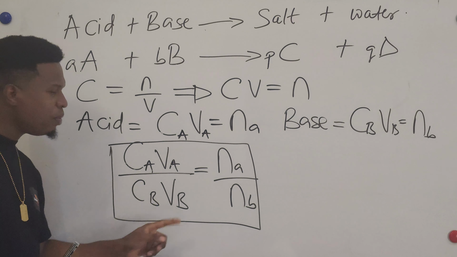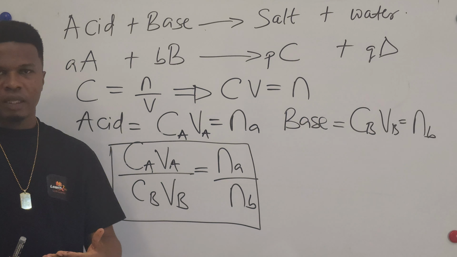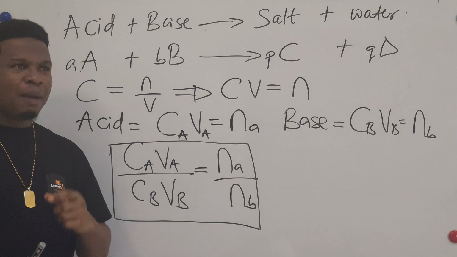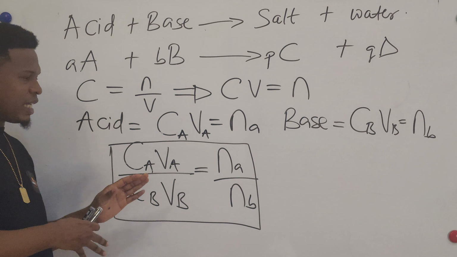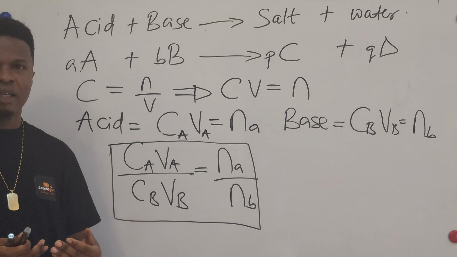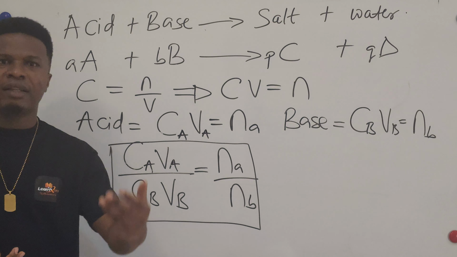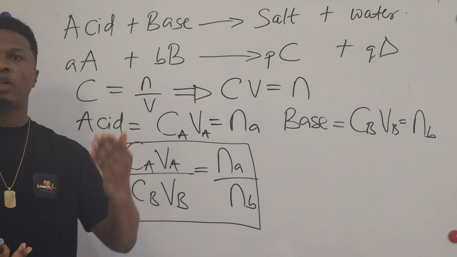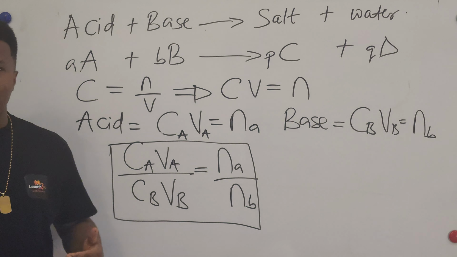Okay? The Vb is always the volume of the pipette. If it's a practical question, that pipette, either 20 or 25 cm cube that you use for this titration experiment, is normally the volume of the base. Okay? You pipette it and then add your indicator, and then run the acid over it, and when there's a color change, that is your endpoint.